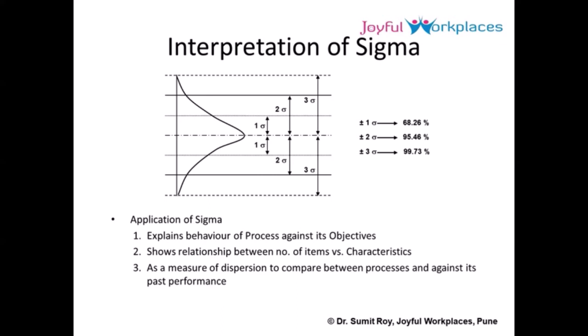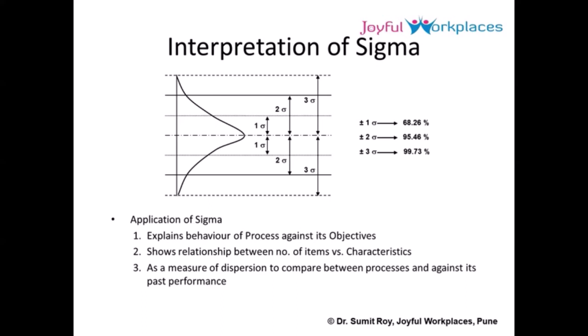Then by plotting the histogram you should be in a position to find out whether it is following a normal distribution or not. There are other methods also. But the best part is that if you are able to draw a plus minus 3 sigma line, then that gives you a very good idea whether over a period of time your process is going to meet the required upper spec limit and lower spec limit or not. This is the advantage of having sigma.